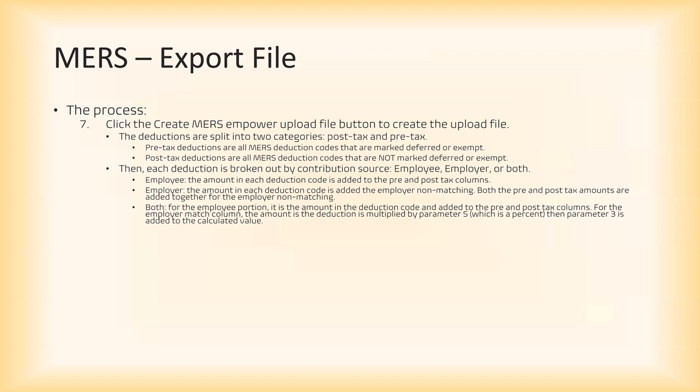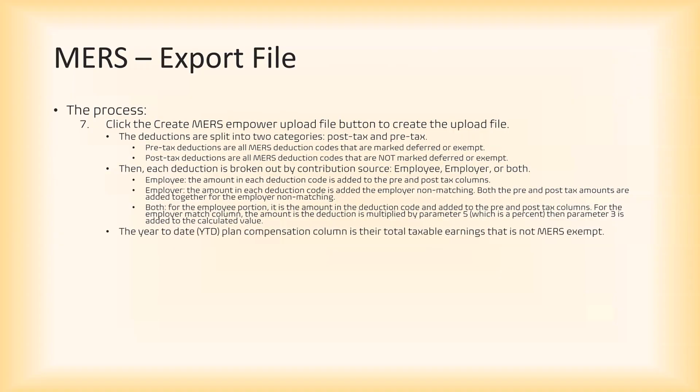Yeah, it's 5. My brain isn't working right now. So that's how the data gets added to the upload file, through parameters 3 and 5, where 3 is the adder and 5 is the percent.